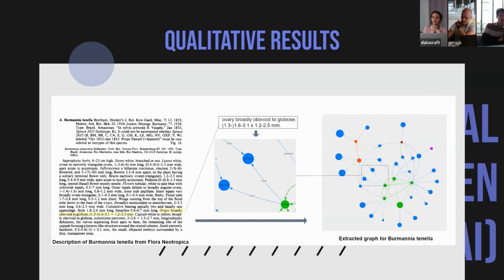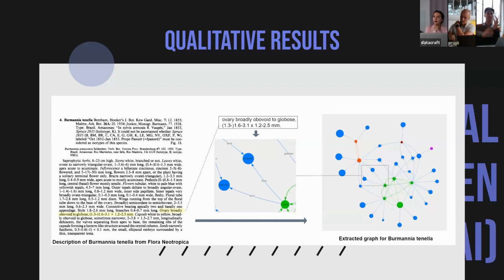No, that's quite impressive actually. You just use the words, so you don't use the metrics that we see, 1.3, 1.6, and so on. You get rid of that. Yeah, actually, it's one of our perspectives to be able to add quantitative values to our graph, but for now, since it's named entity recognition that we are using, we only focus on morphological named entities and try to extract them.